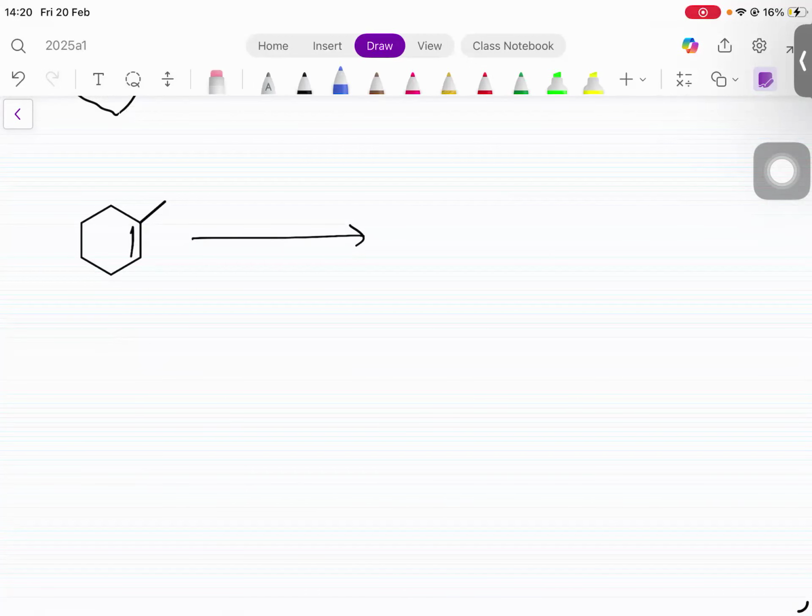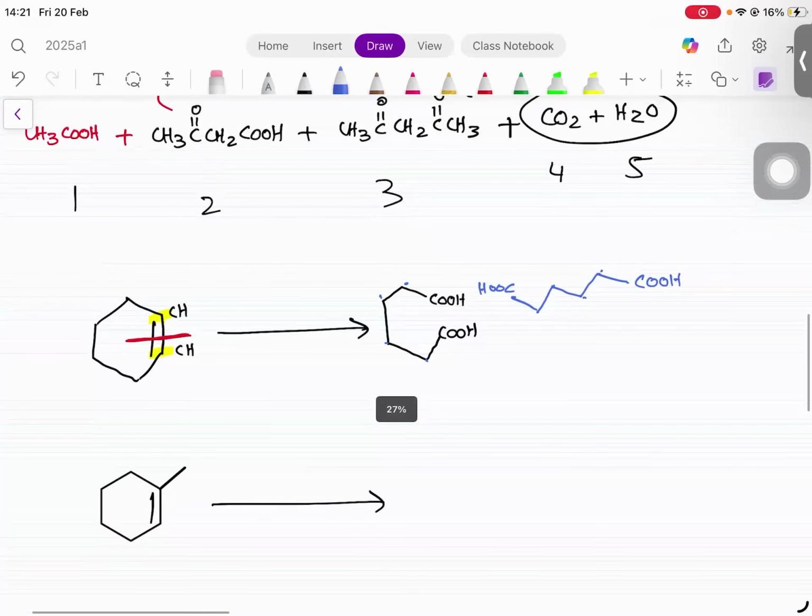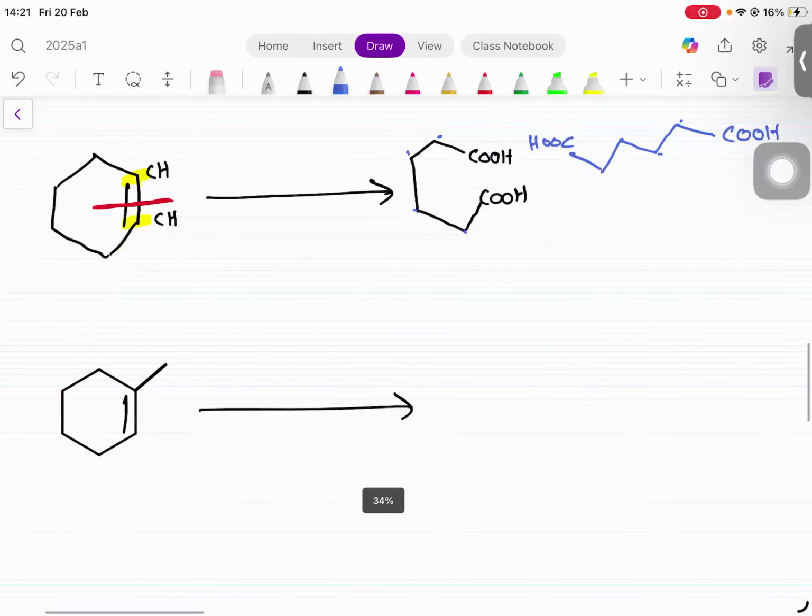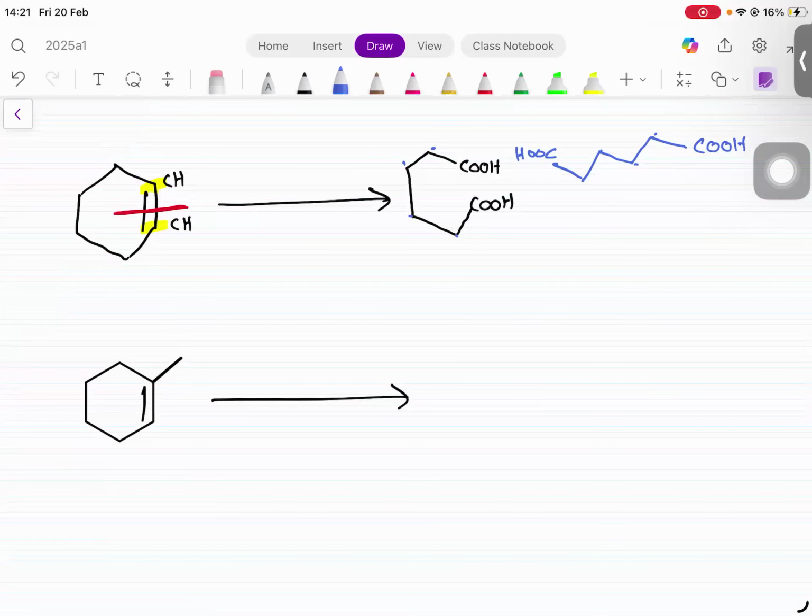Is it done? Yes. एक कीटोन बनेगा और दूसरा COH का। दूसरा नहीं है, एक ही प्रोडक्ट होगा इसमें.